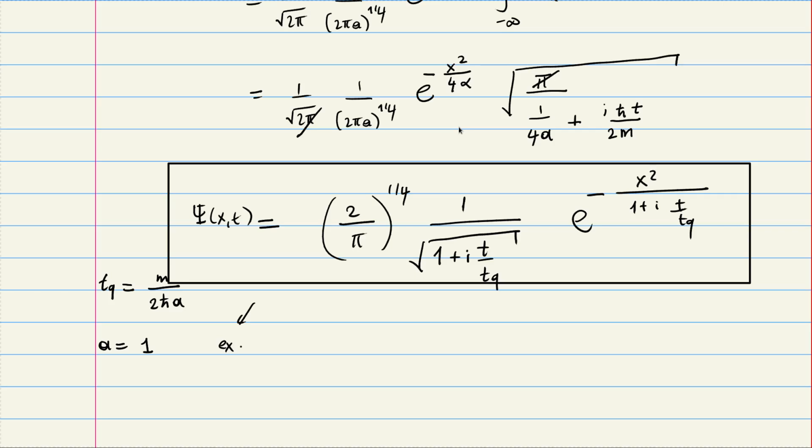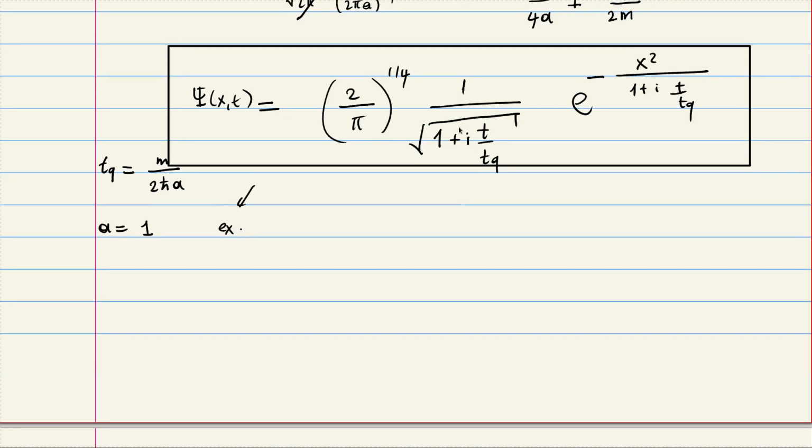Maybe I can give you the rest as an exercise and finish it there. So we have, actually we can do more with this. So these are your exercise. We can also calculate norm psi of x comma t.